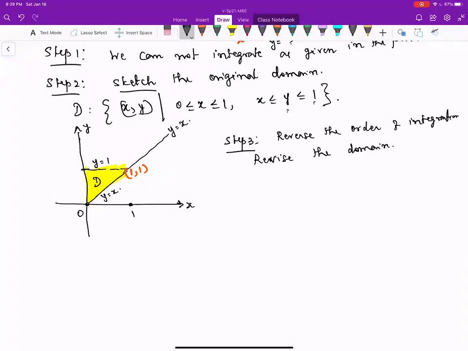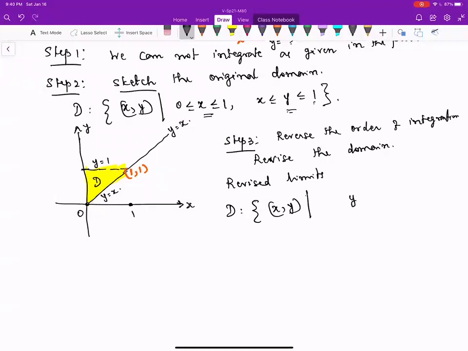By revising the domain, I don't mean revising the region of integration, but revising only the limits. So we are going to write revised limits. So D will become all those xy. Now, I want to keep the limits of y fixed.